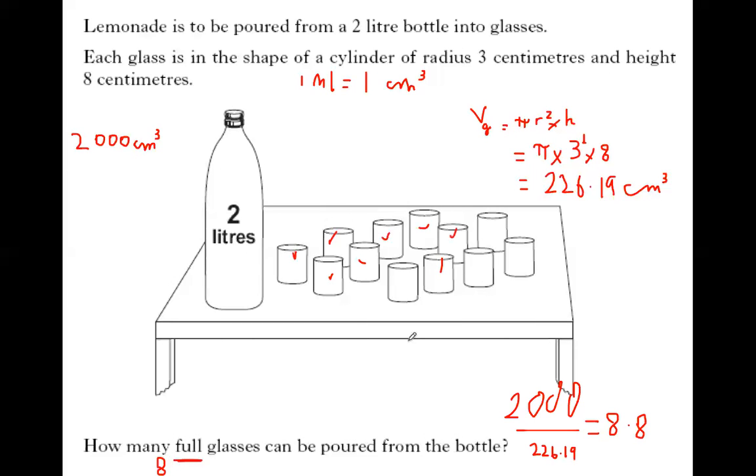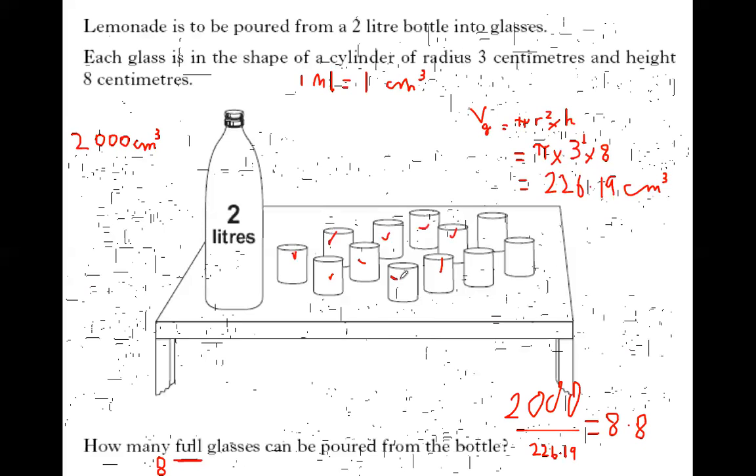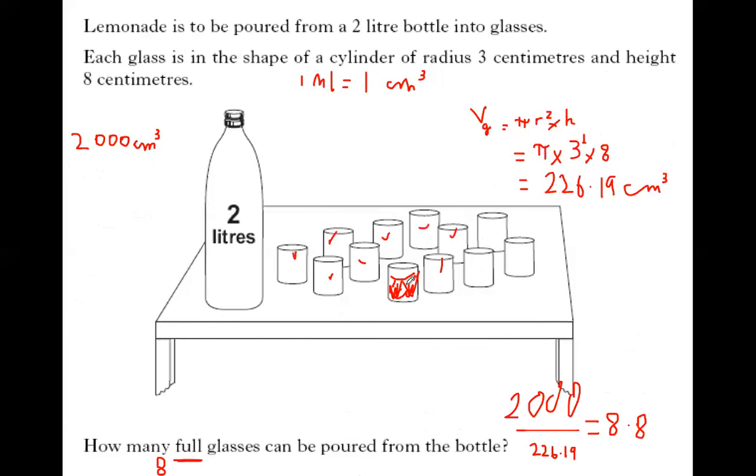And the other one will have 80% inside it, so that's not a full glass. So the answer is 8. You can see that if someone doesn't know that 2 liters is 2000 milliliters, and 2000 milliliters is 2000 centimeter cube, the person might struggle to answer this question.